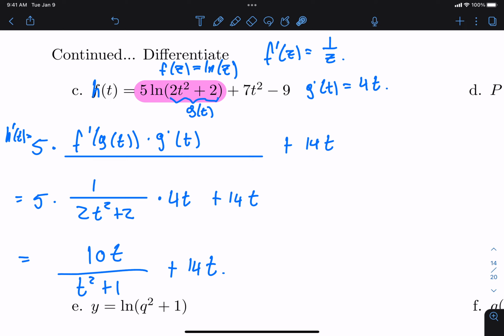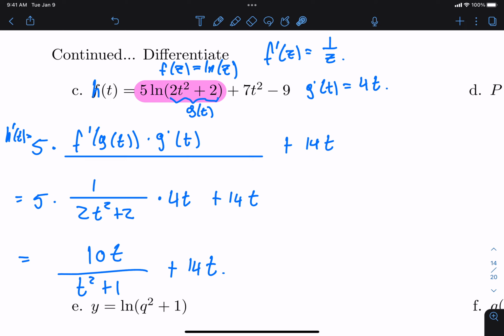Okay, the reason that I focused in on this pink part is because the sum and difference rule says the derivative of a sum or difference is the sum or difference of the derivatives. So anytime you see a plus sign or a minus sign distinguishing separate functions, all I'm going to do is each derivative individually and keep whatever plus or minus sign went in between.